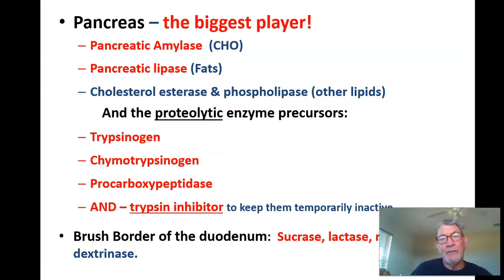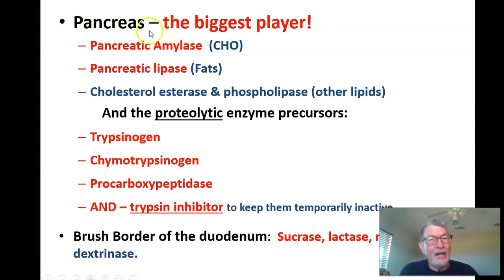And then, as I said before, the pancreas is the big guy, the big player. It makes pancreatic amylase, which is super strong and will break down the rest of your starch, whatever your spit doesn't do. Pancreatic lipase. This is where your fats get digested. It's in the intestine. It doesn't really start in the mouth or the stomach.